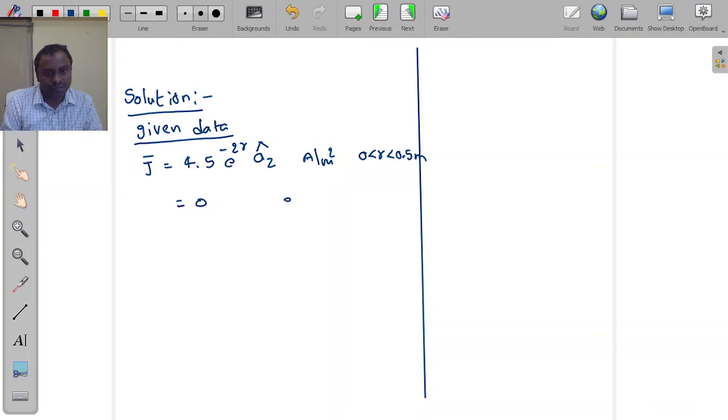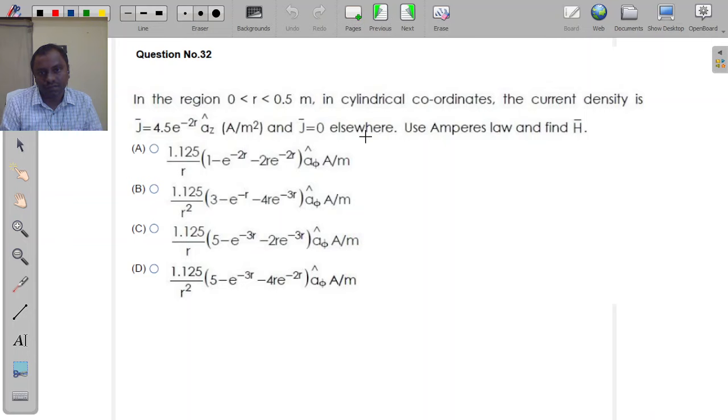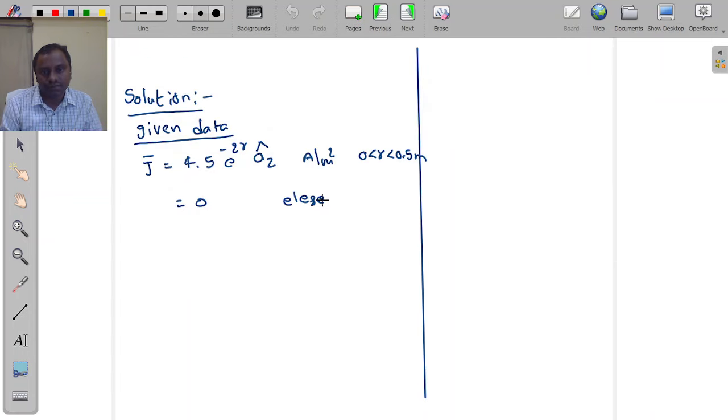Otherwise it is 0 elsewhere, that is for r greater than 0.5 meters. This is the given data.